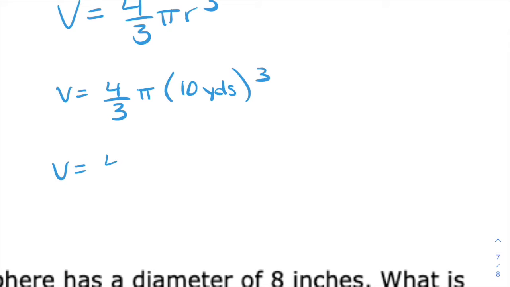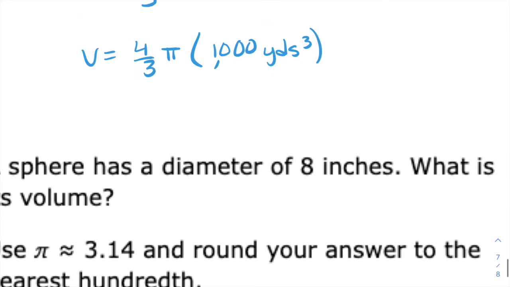So volume equals 4/3 pi times 10 times 10 times 10 is 1,000. And so now volume equals 4,000 pi over 3 yards cubed.